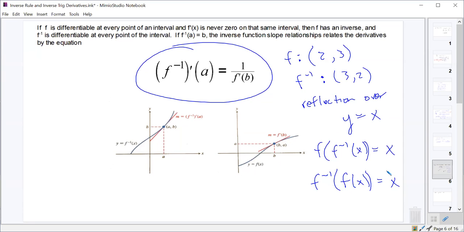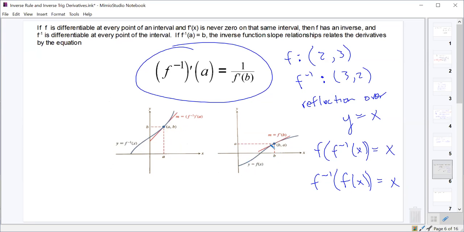And so that's why this ends up working, because if I take any point whatsoever on this function, let's say the point (a, b), well, that means that the inverse of it has the point (b, a). And that's how we find these slopes, right?